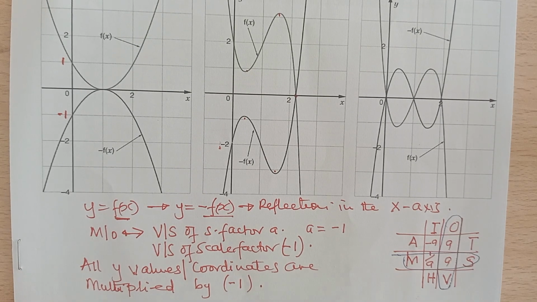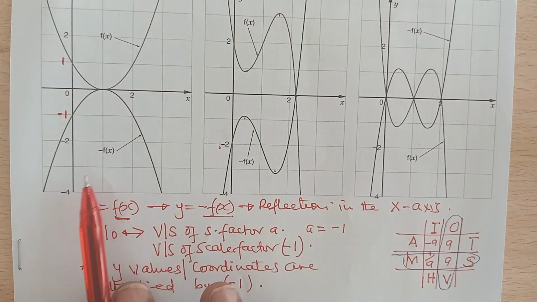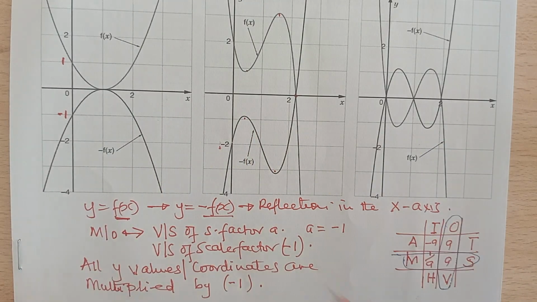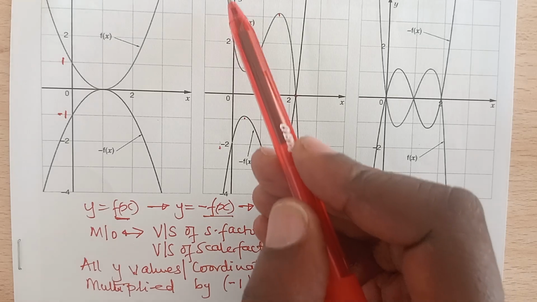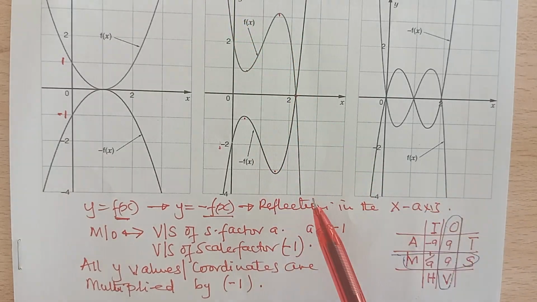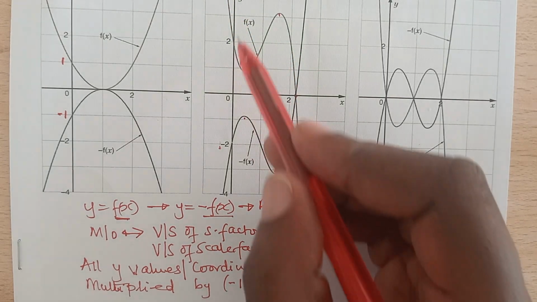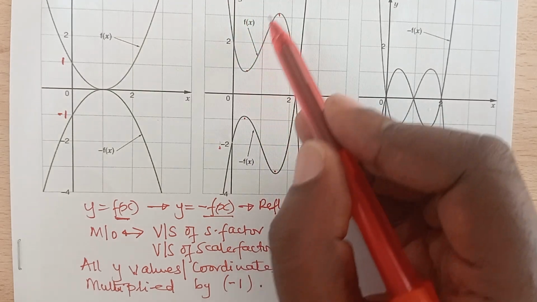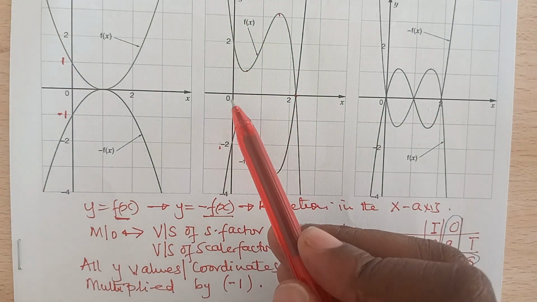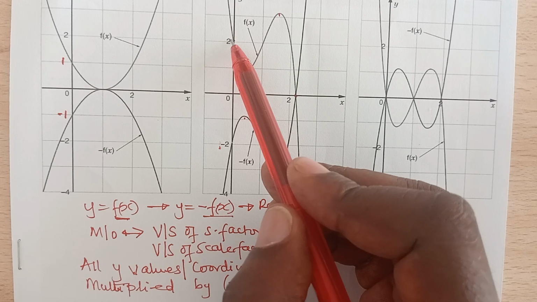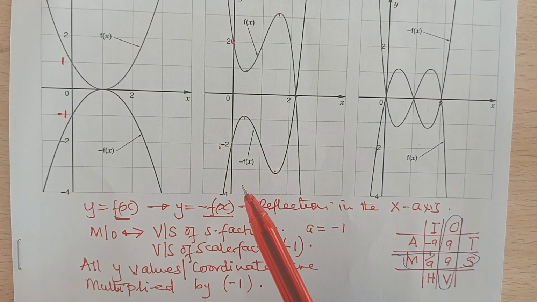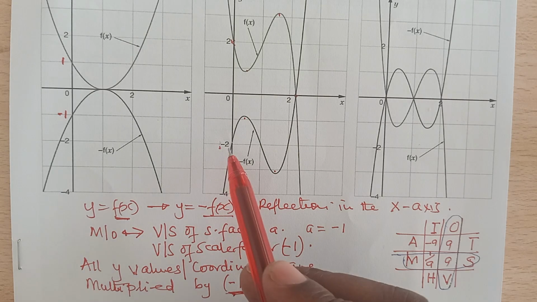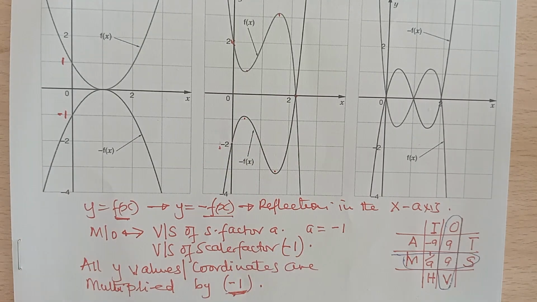We can use the graph in the middle, because this will apply in all of them. You can see along y = f(x), that is the graph. When x is 0, y was 2. When y was 2, that 2 is multiplied by -1, it becomes -2.